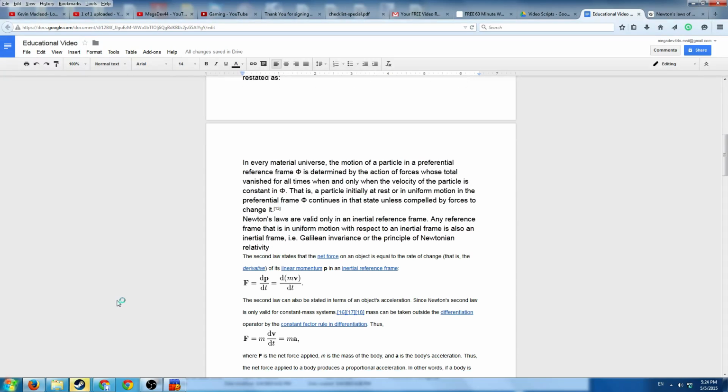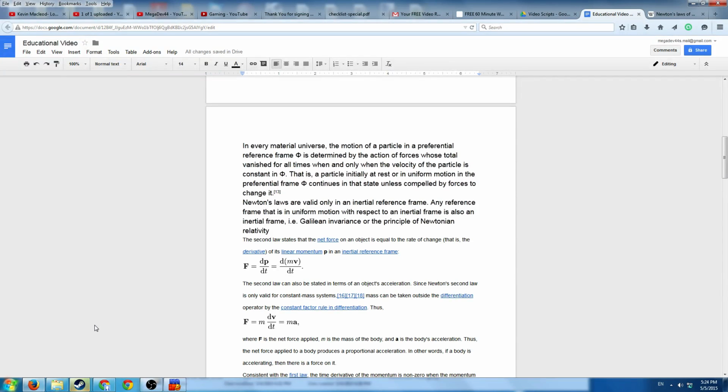Thus, F equals m dv divided by dt equals ma, where F is the net force applied, m is the mass, and a is the body's acceleration. Thus, the net force applied to a body produces a proportional acceleration.